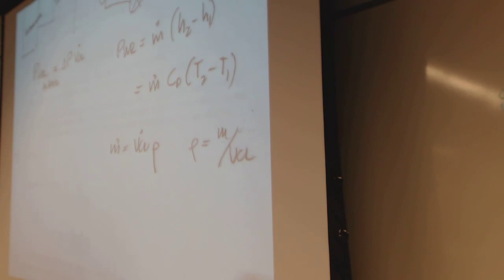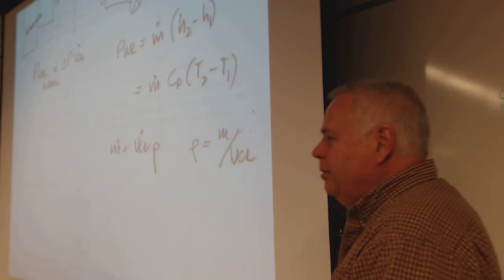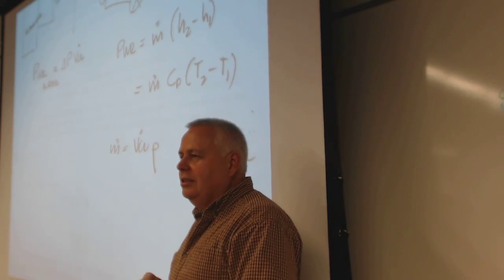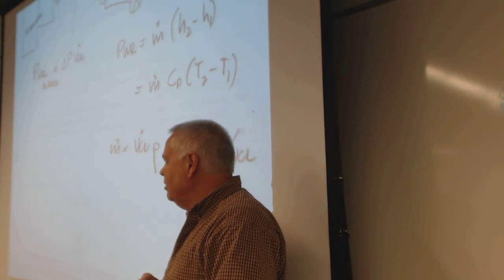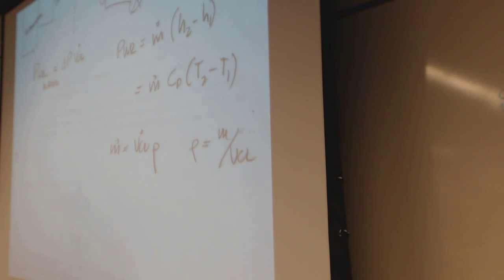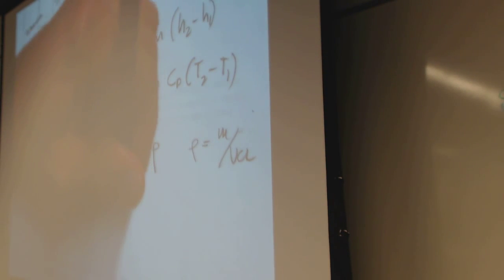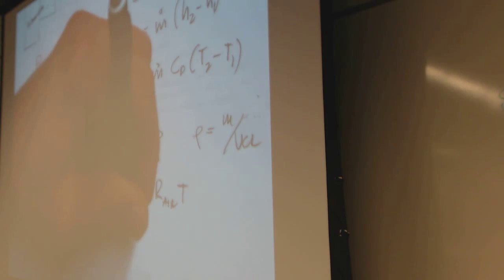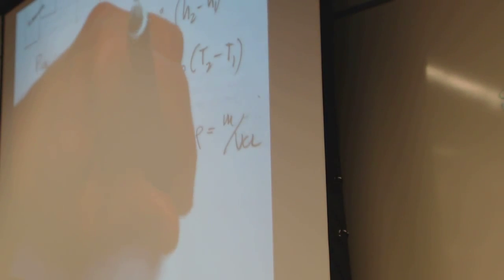Next question: How do we get that density? Do we look that up in the table, or is this ideal gas again? Nice thing about ideal gas is you don't have to interpolate off the table because there's a relationship. PV equals RT.